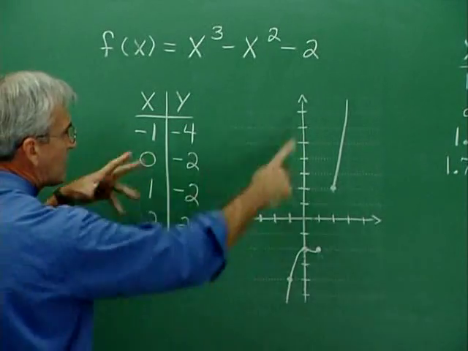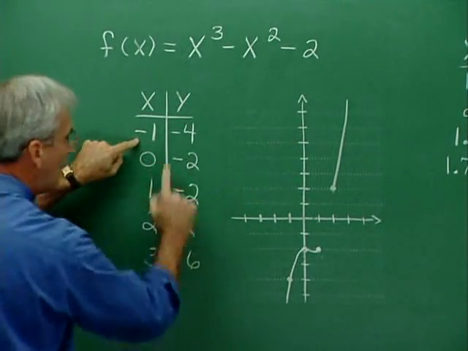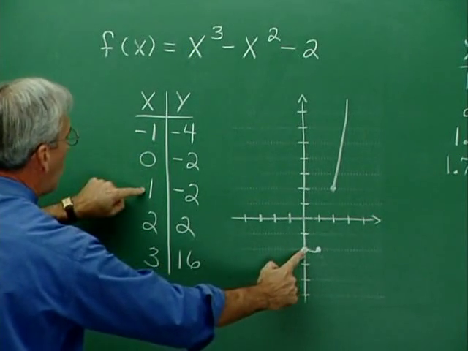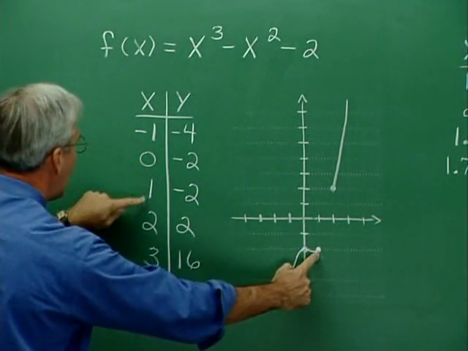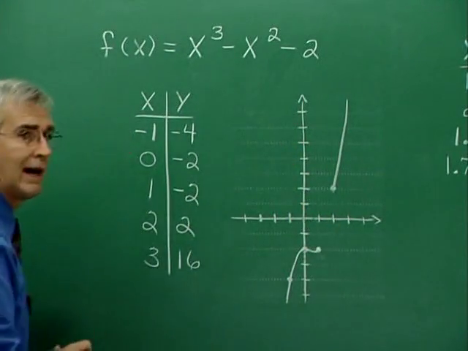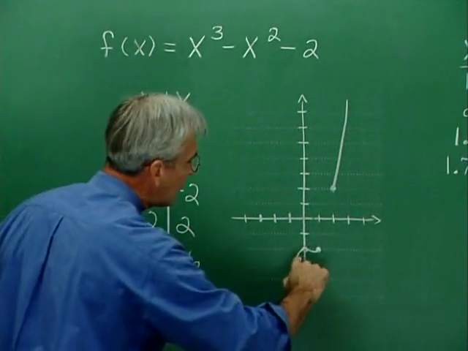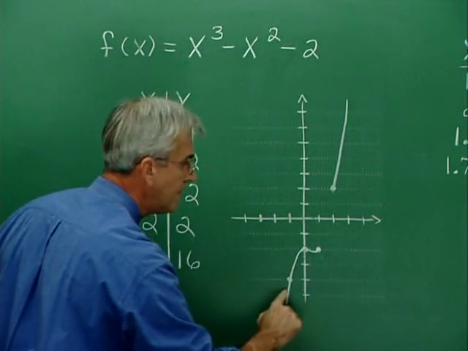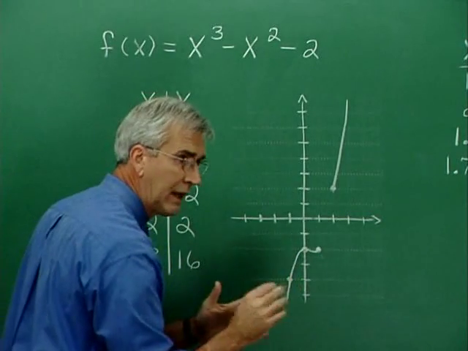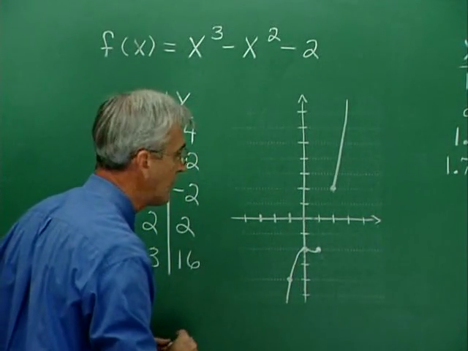Now notice I've completed part of the graph here. -1 goes to -4, that's here. 0 at -2, 1 to -2 as well, and then 2 goes to 2, and 3 goes to 16 and off the graph. Now, we have a little curve in the graph right in this neighborhood, and we can tell exactly the nature of that curve by looking at the graphing calculator, and we may do that in a few minutes.